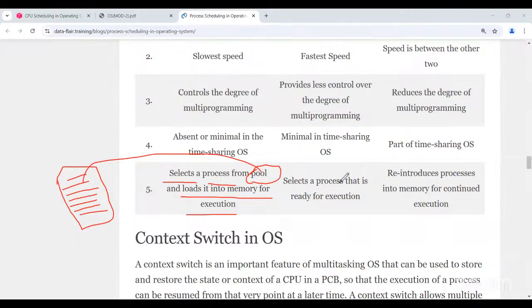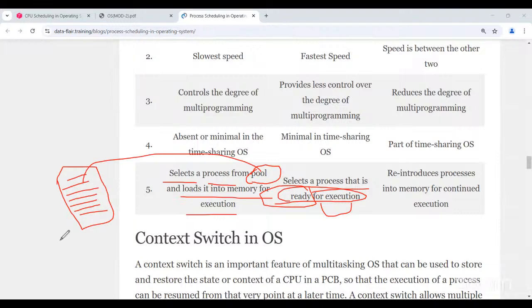Next one, short-term scheduler selects processes that are ready for execution. So what are the states of the process we have discussed? From those states, whatever process is in ready, ready means it is supposed to be executed. That type of process it will select for execution. So that is the short-term scheduler.